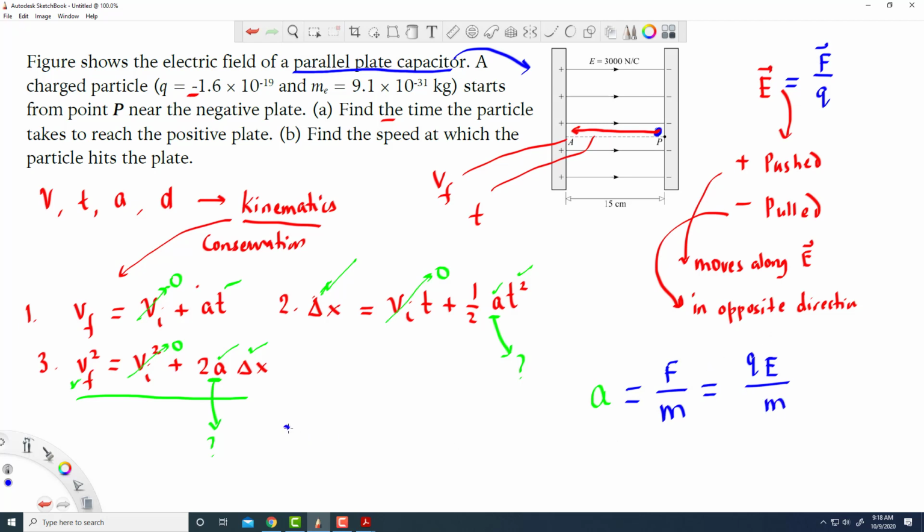So let's find acceleration. Acceleration is Q. Q is in this case given, so negative. Again, it's just the magnitude, so I will not worry about the sign. I will not put the sign here. 1.6 times 10 to minus 19. Electric field is not given. No, it's given. That's the electric field, which is 3000 Newton per Coulomb.